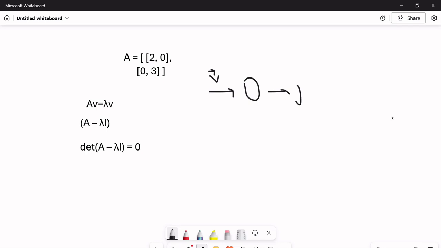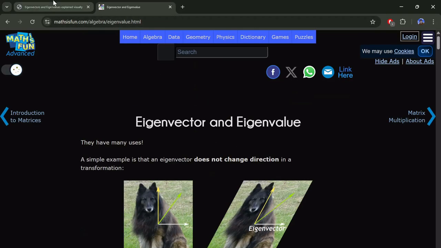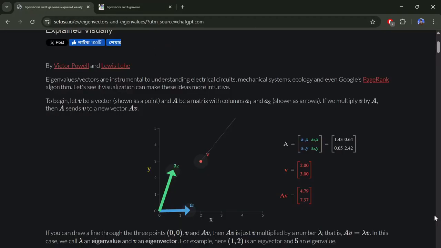But sometimes there are special vectors or directions that don't rotate when the matrix acts on them. They might stretch or shrink, but the direction stays exactly the same. It's actually very simple, and I'm going to provide the intuition with it.